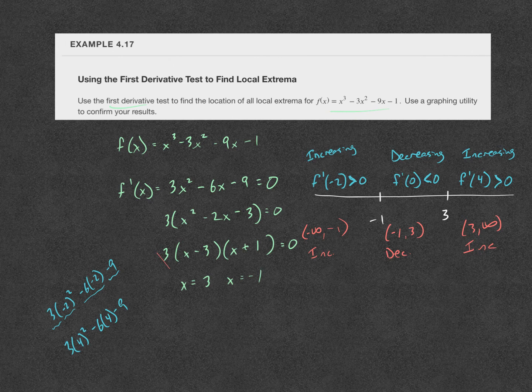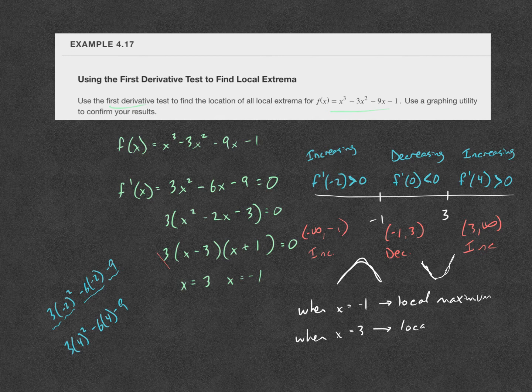So if we switch from increasing to decreasing at negative 1, that means that when x equals negative 1, we have a local maximum. And when x is equal to positive 3, the function changes from decreasing to increasing. That means we have a local minimum. Okay, so that's how we use the first derivative test to find our extrema.